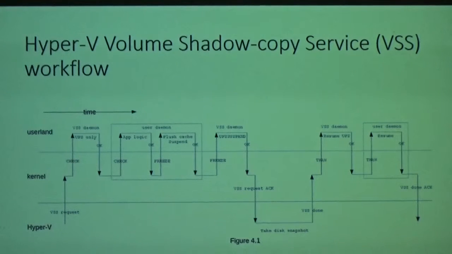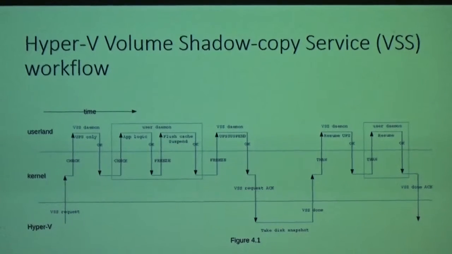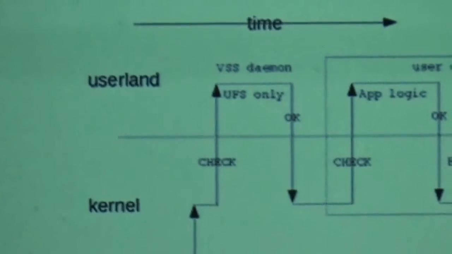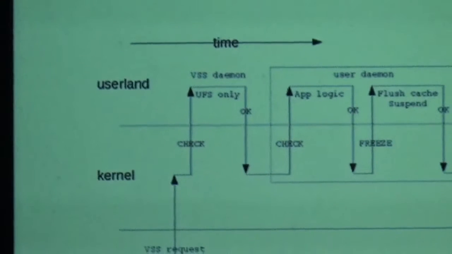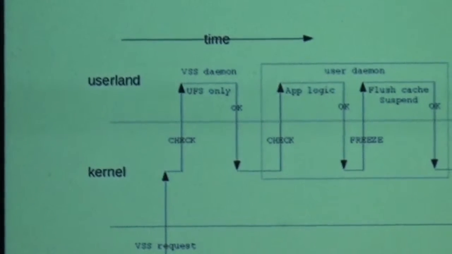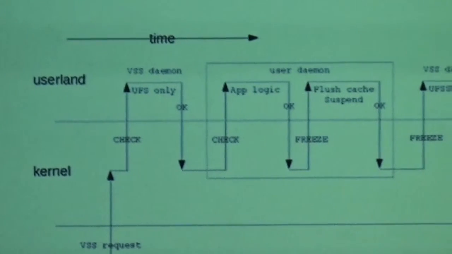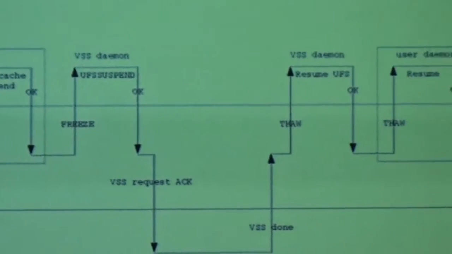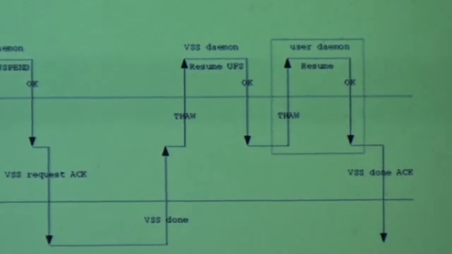Once this check is done, the hypervisor is going to notify the user land daemon. The user land daemon is going to flush its own data. For example, if you have a database application, you flush all of your cached data onto the disk. After that, the VSS daemon, the default daemon, is going to do a UFS suspend sysctl.